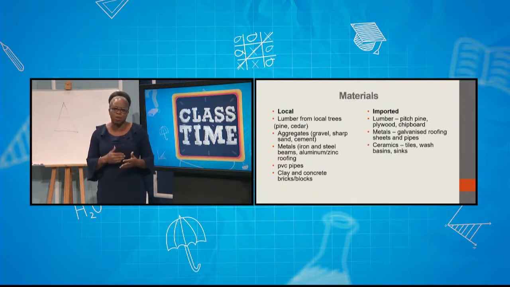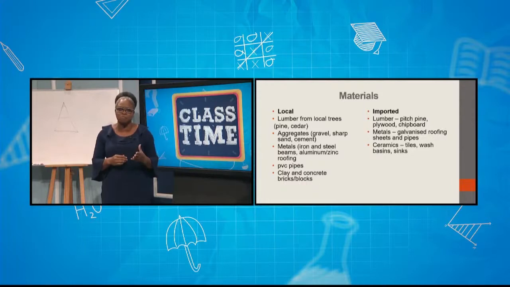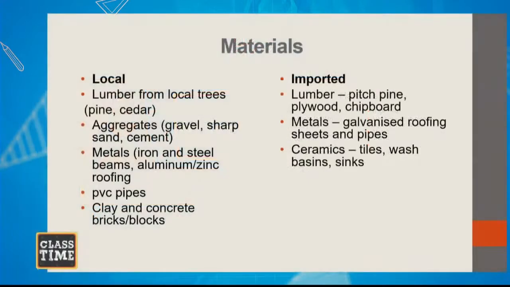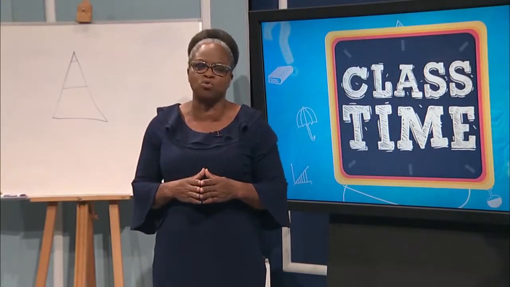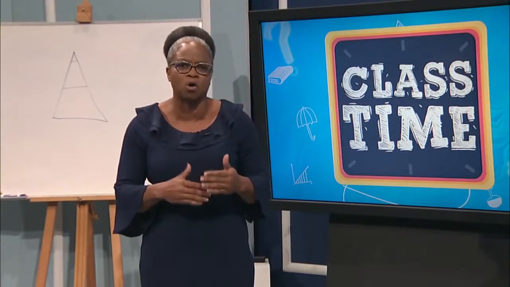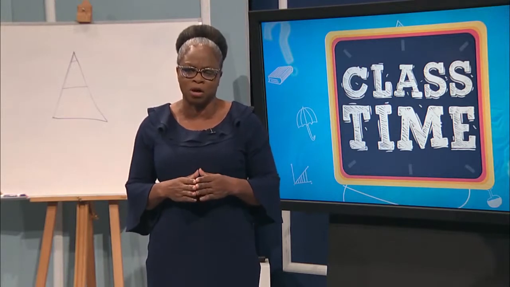If we are talking about imported material as well, in terms of metals, we are thinking of galvanized roofing sheets and pipes. And then we have our local PVC pipes. If we're talking about imported materials, the ceramics, we're going to have our tiles, our wash basins, and our sinks. And don't forget that the blocks that we use, we're going to be thinking of those concrete blocks or the clay blocks as well.